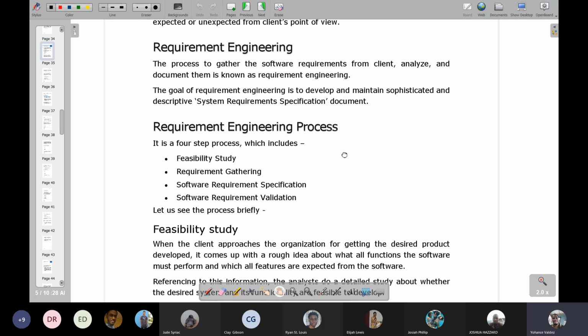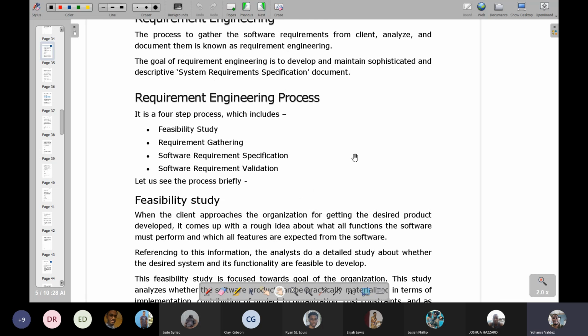So what are the processes that we go through to be able to do our analysis, to be able to find our requirements? We have 4 processes: the feasibility study, your requirement gathering, your software requirement specification, and your software requirement validation.